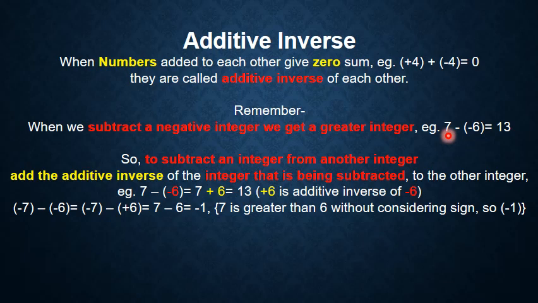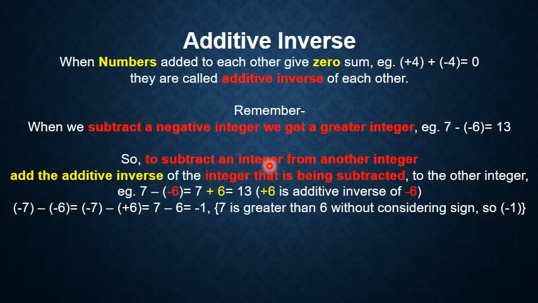When 7 is used alongside minus 6 and it is with a subtract sign, you get a greater integer because two negative integers are making it a positive.